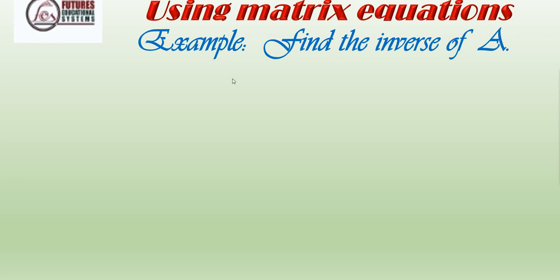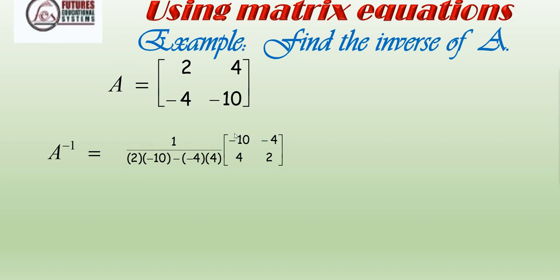Using the matrix equation, example: find the inverse of A. If we have matrix A of order 2 by 2: 2, 4, negative 4, negative 10, the inverse matrix equals, from the beginning, 1 divided by the determinant. The determinant is 2 by negative 10 minus 4 by negative 4.